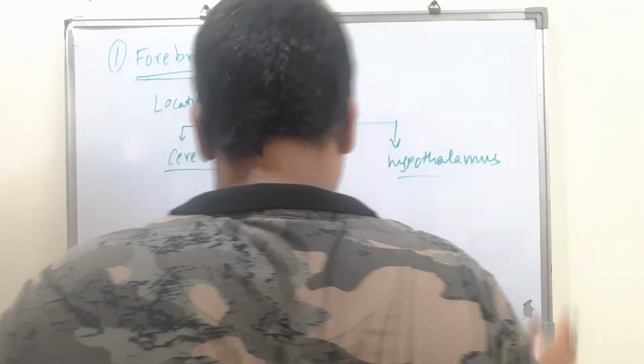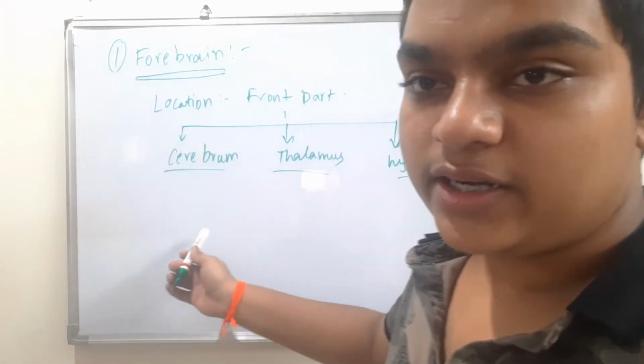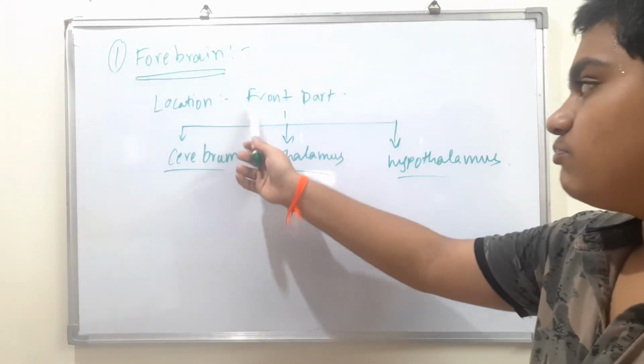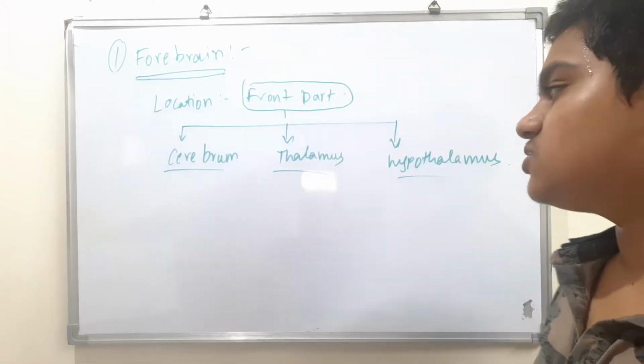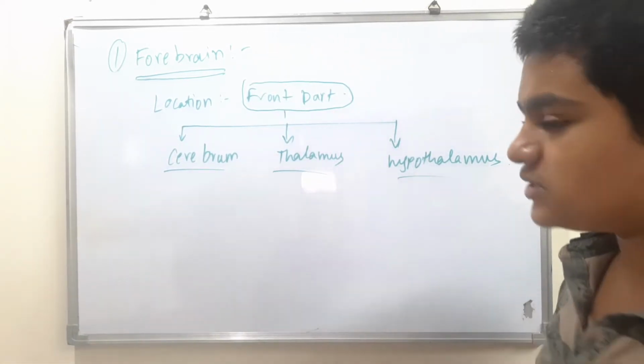Cerebrum, thalamus, hypothalamus. These are the three parts of the forebrain. It is the front part consisting of cerebrum, thalamus, hypothalamus.